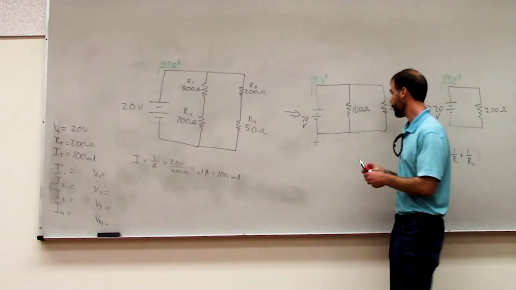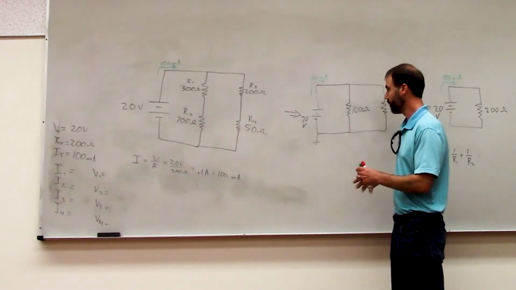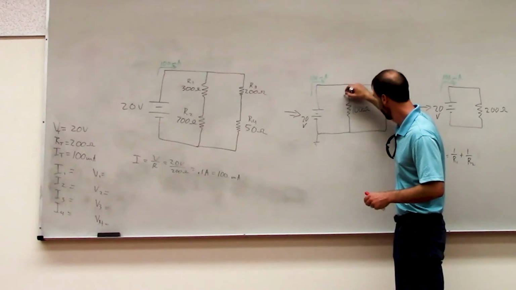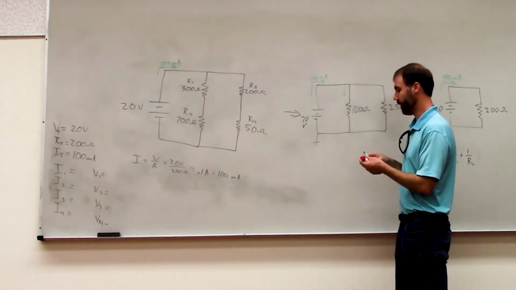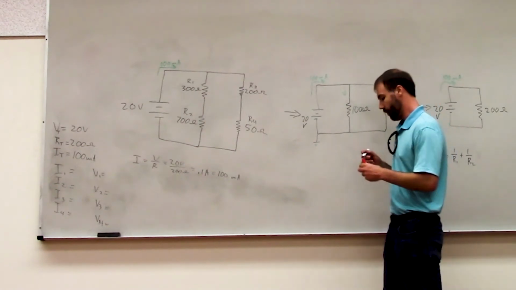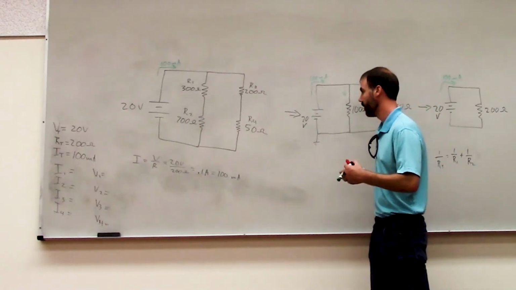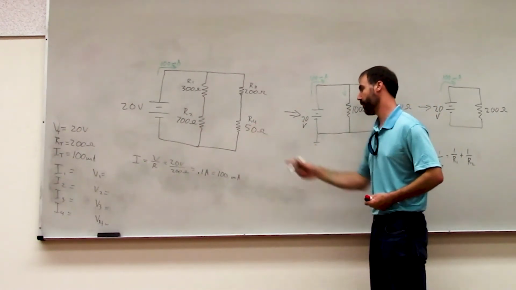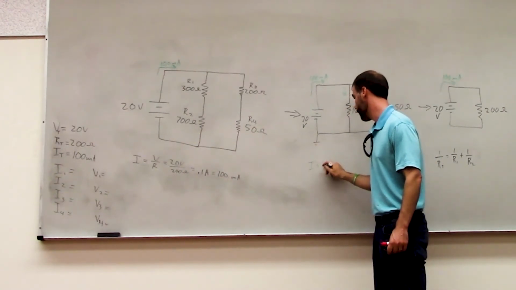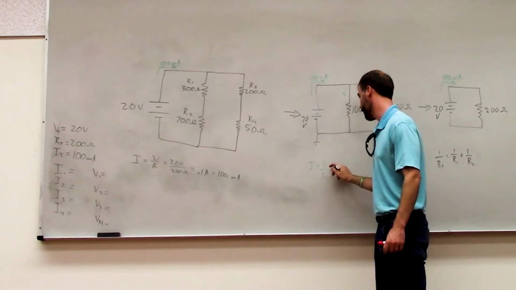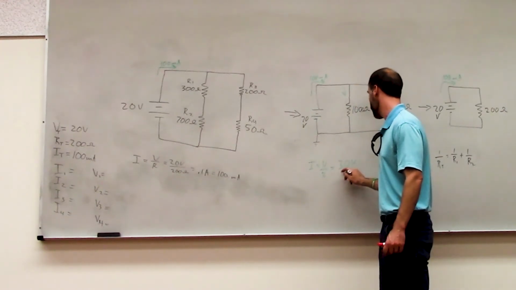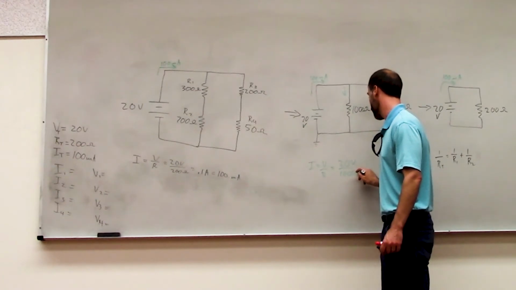So we can figure out the current that's flowing down there. We can use the same formula of Ohm's law as we used over there. We say I equals V over R. So in this case, V is 20 volts and R is 1,000 ohms.